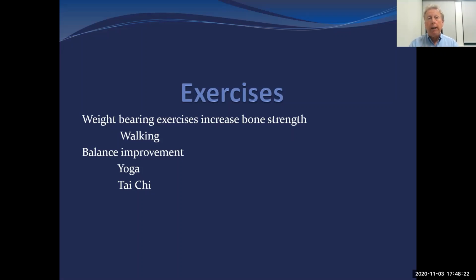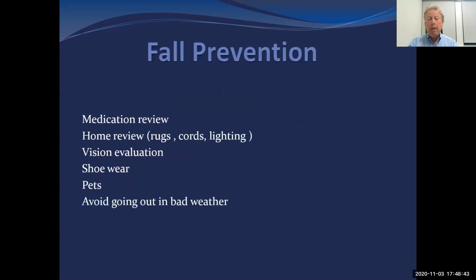But weight-bearing exercise is really what we're looking for. People ask me about things like swimming and even sometimes biking, which are not as good as walking, running, jumping rope. Now, obviously you have to be the right person to be doing some of those things, because there are other conditions that may obviate you from doing that.